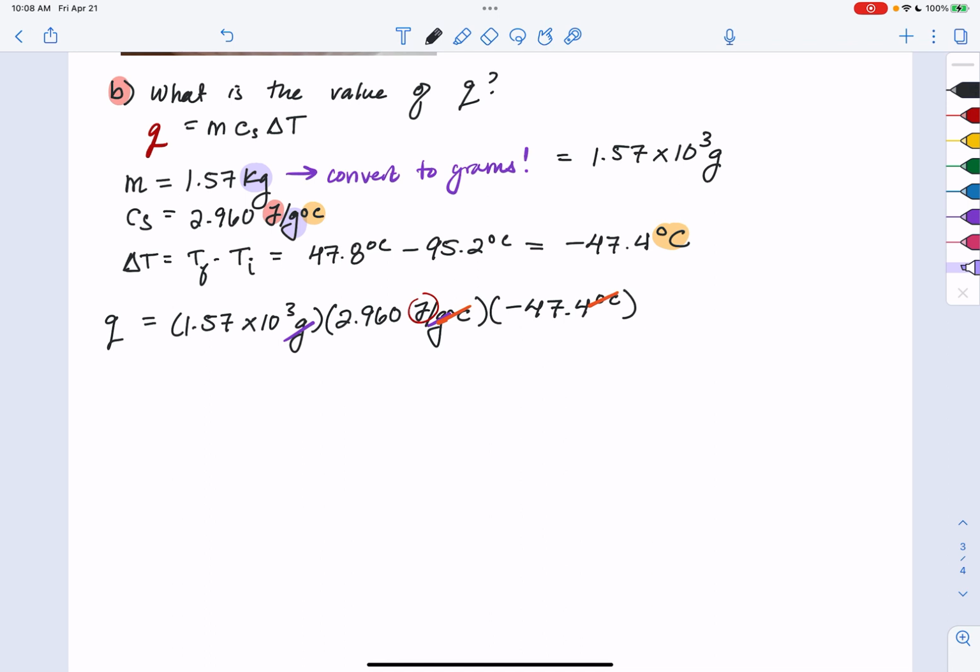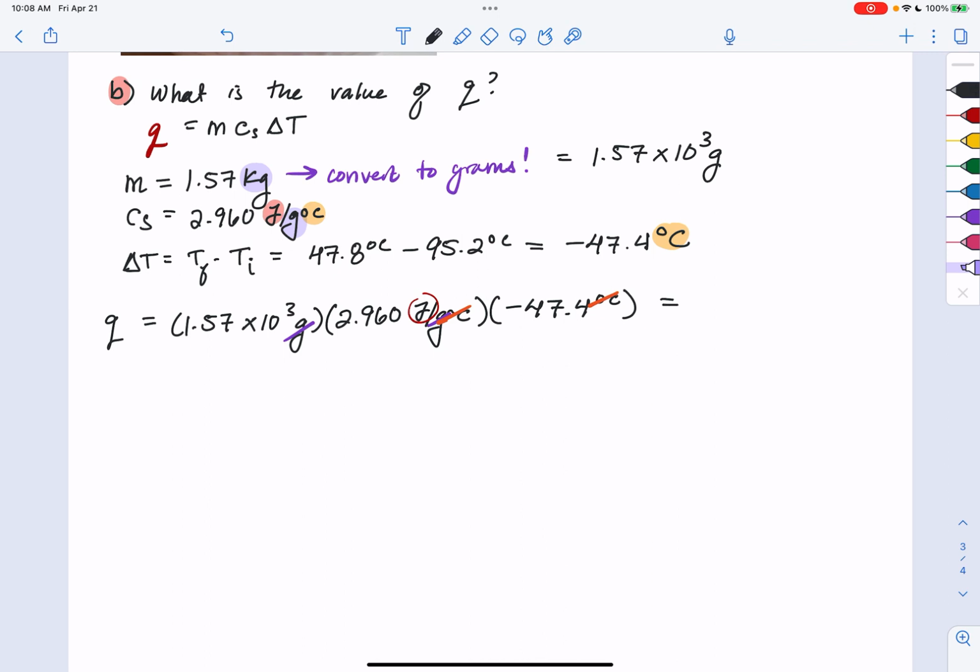All right, let's go ahead and do this. 1.57 times 10 to the 3 is 1,570 grams times my 2.960 joules per gram degree Celsius times my negative 47.4 degrees Celsius.